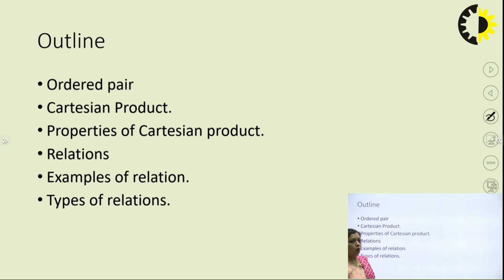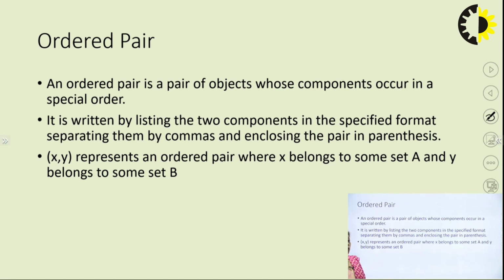So starting with ordered pair, what exactly is an ordered pair? Because whenever we try to understand relation, first of all we need to understand what exactly an ordered pair is. It is a pair of objects where the order in which the components occur is very important.